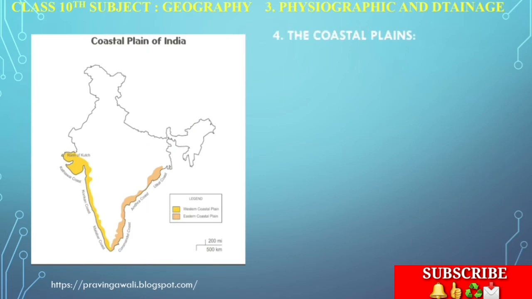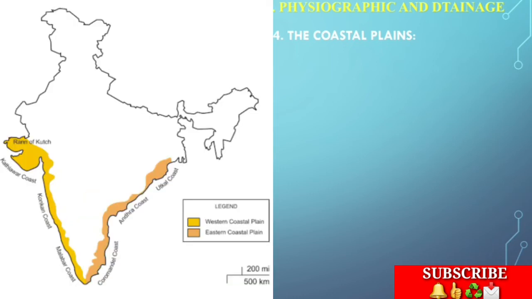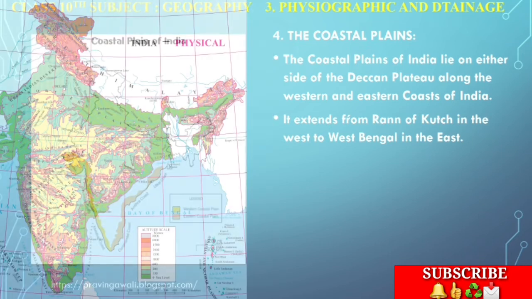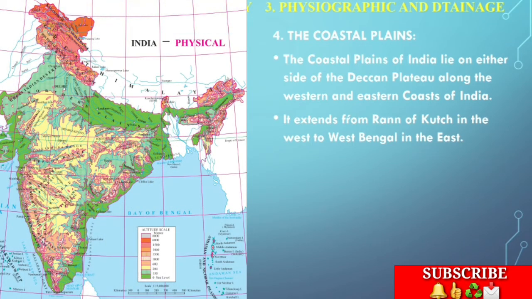Now students, the second last major physiographic division of India is the coastal plains. The coastal plains of India lie on either side of the Deccan Plateau along the western and eastern coast of India. It extends from the Rann of Kutch in the west to West Bengal in the east.